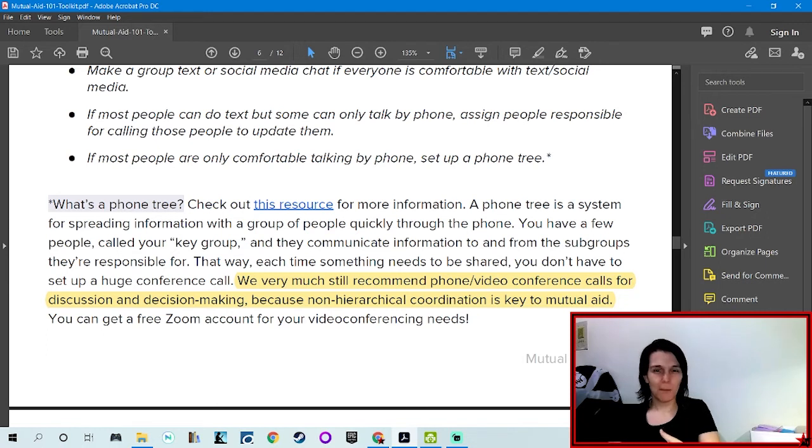Because if you did that during a meeting or to make decisions, that would really be a hierarchical coordination where the person at the beginning has more power than everyone else. So you generally don't want to do that. What you want to do is use this to convey a quick bit of information so you don't have to have everybody meet at the exact same time to spread certain bits of information.